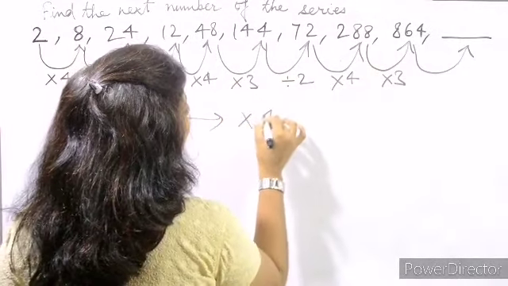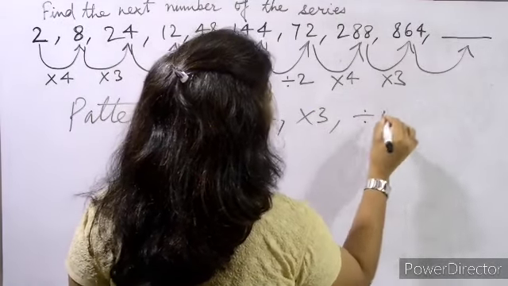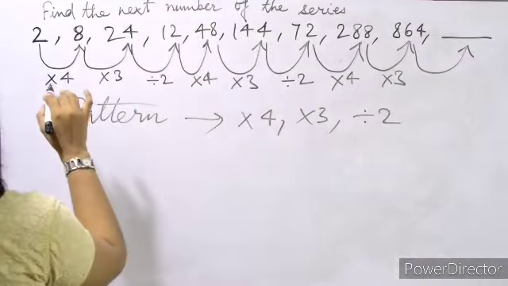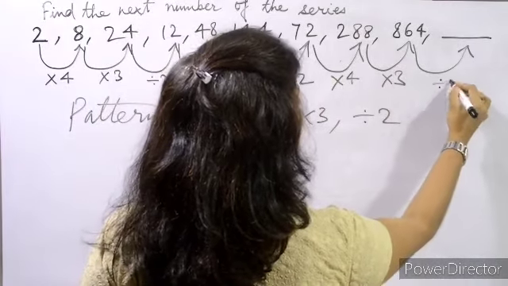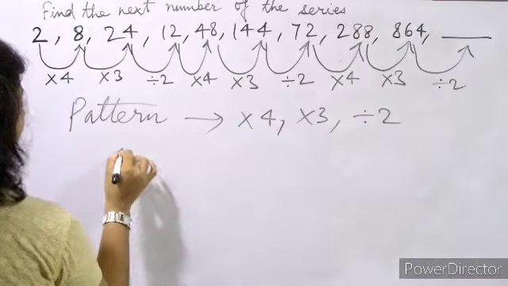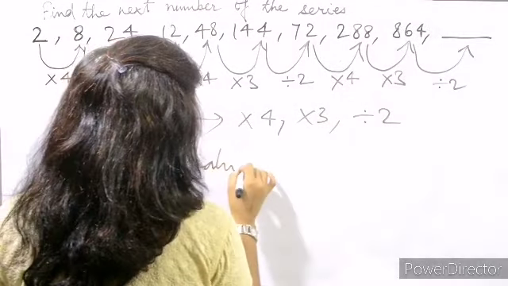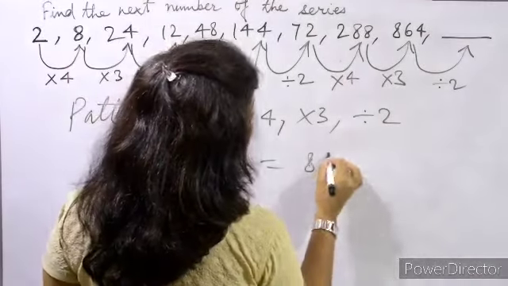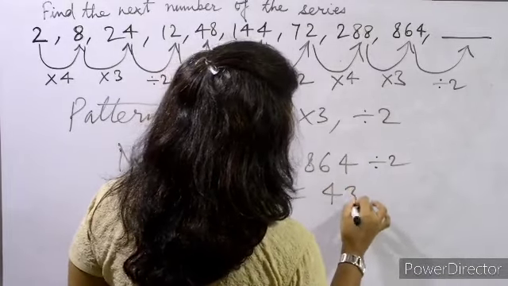This is the pattern: 4, 3, 2, 4, 3, 2, 4, 3, 2. So we have to divide this by 2. The next number will be 864 divided by 2. So it will be 432.